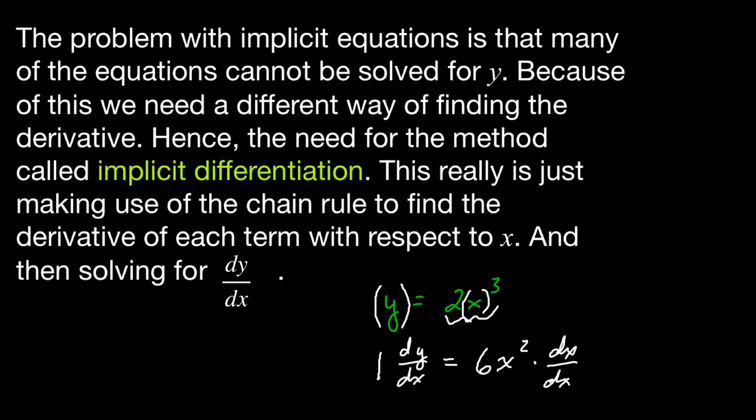Now, dx/dx is really just 1, but that's technically what we are doing. And so what this gives us then is dy/dx is equal to 6x squared. That's how we typically will see our derivative.